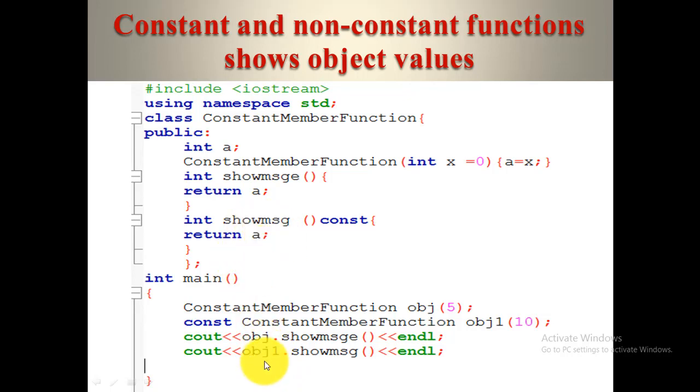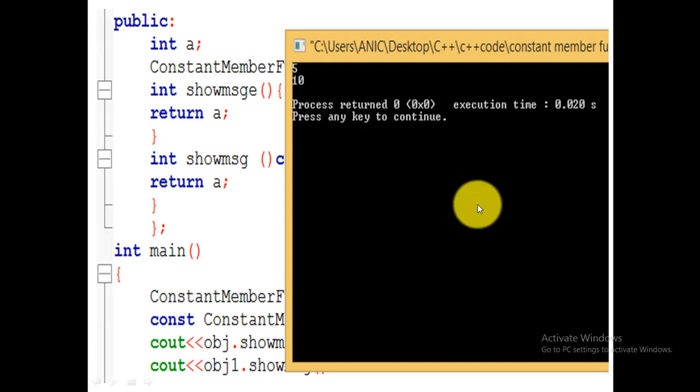So when we call the constant function, it returns the value of a, which is 10. So this is the output, 5 and 10. It means that whatever value we pass through object or object 1, it will pass into the function and it will simply return on the console.